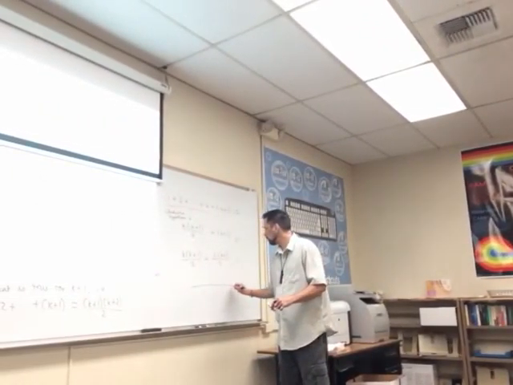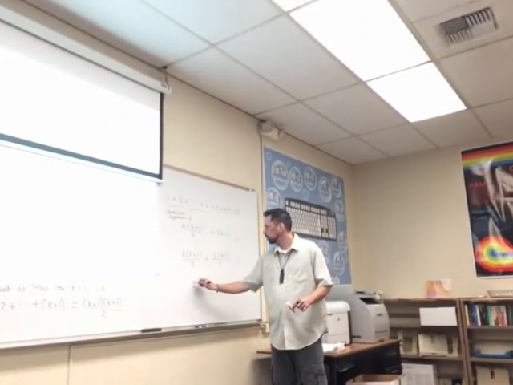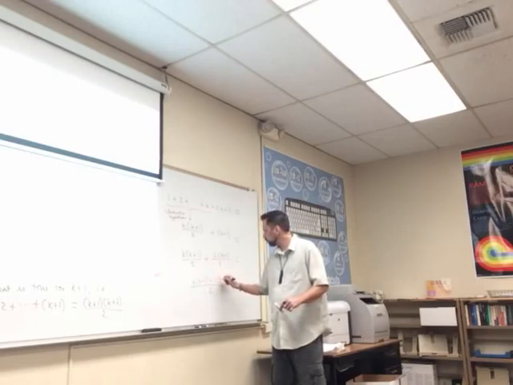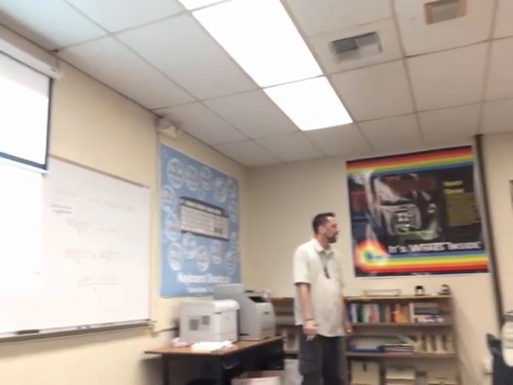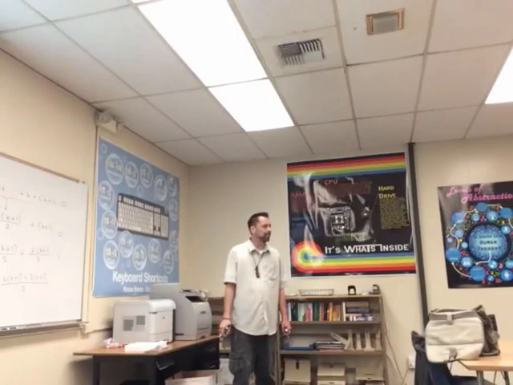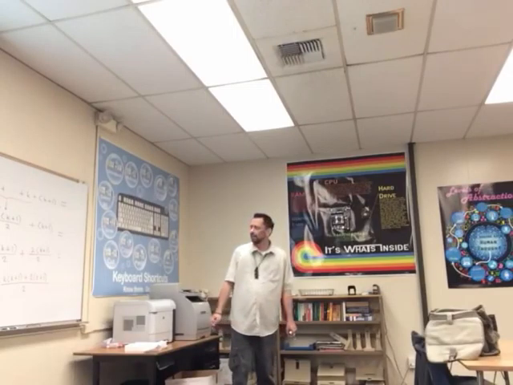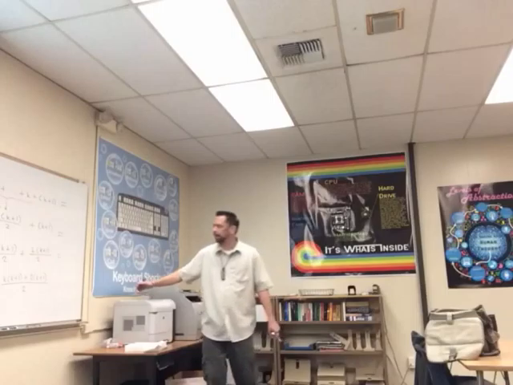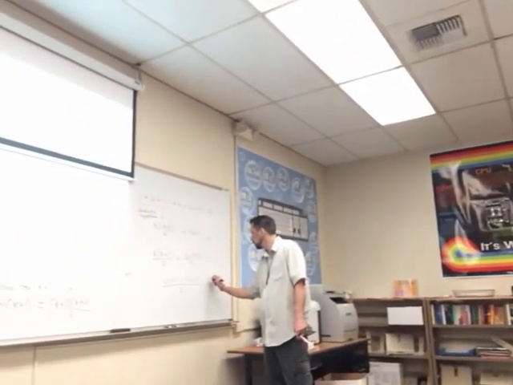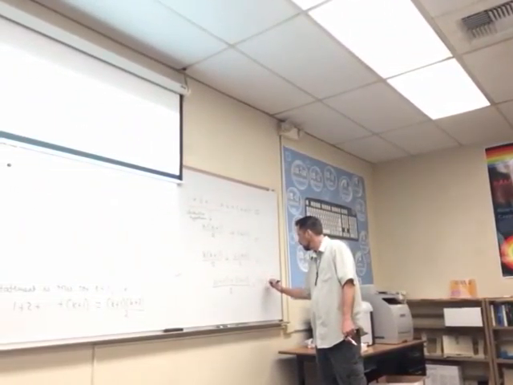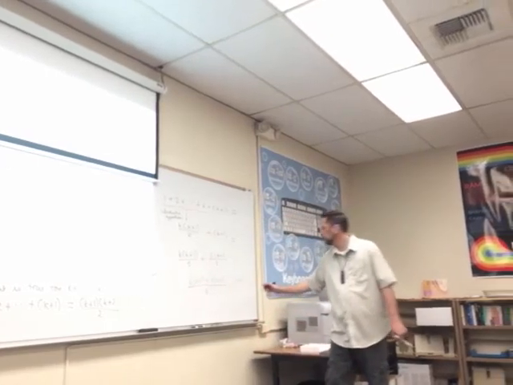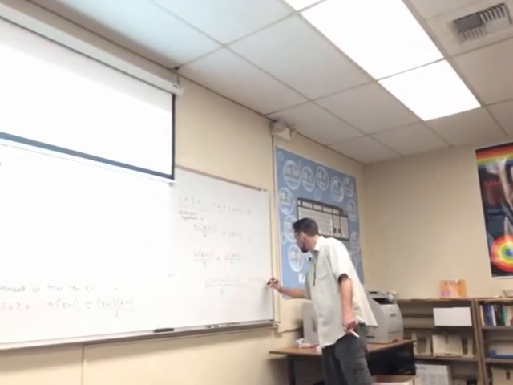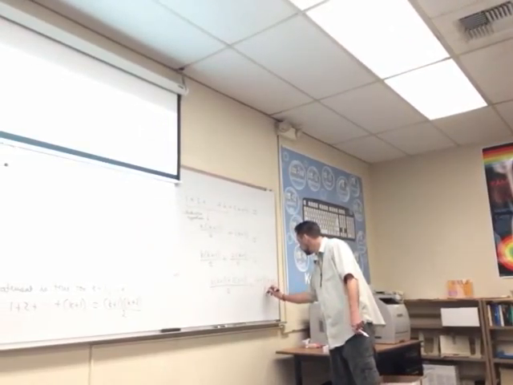This is all over 2. Upstairs you have k plus 1 plus 2 times k plus 1. See where this is going? Pull the k plus 1 out of the top. And then your other factor is k plus 2. And what do you know? That's exactly what we were trying to show.